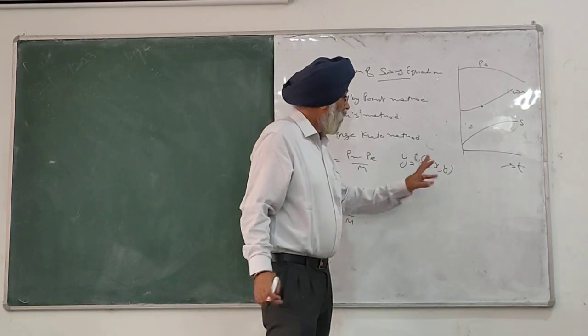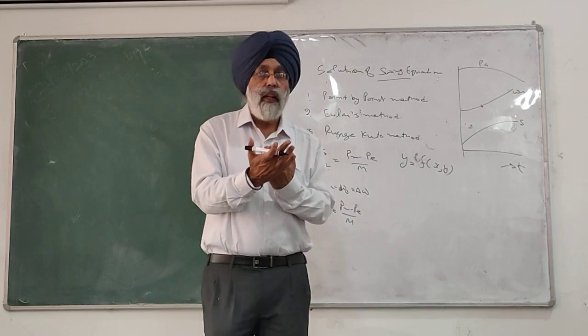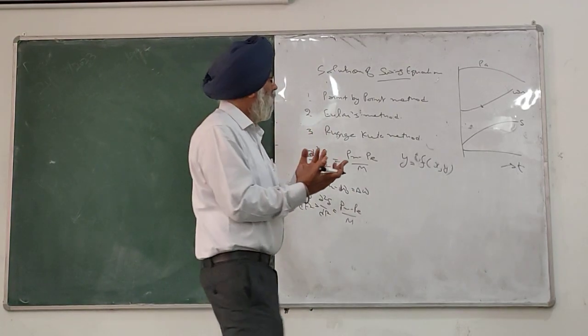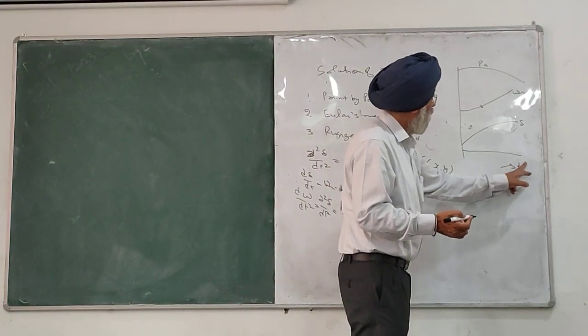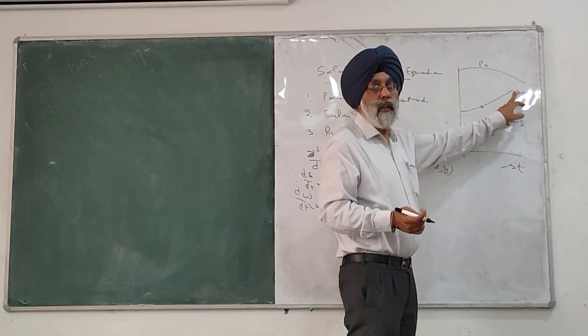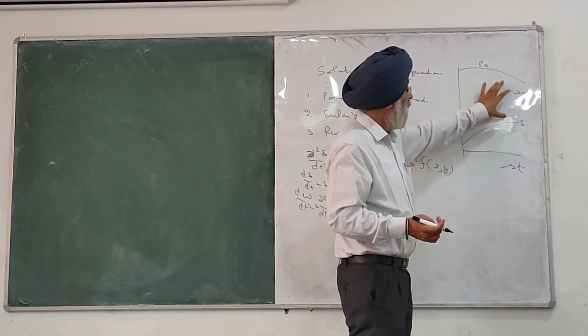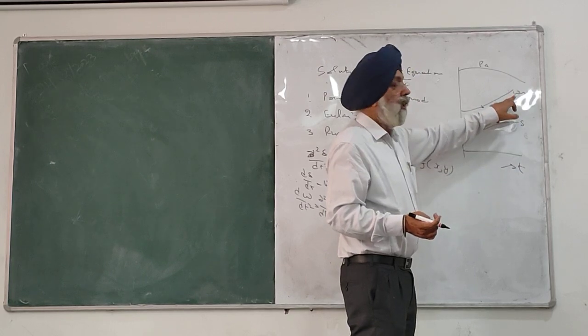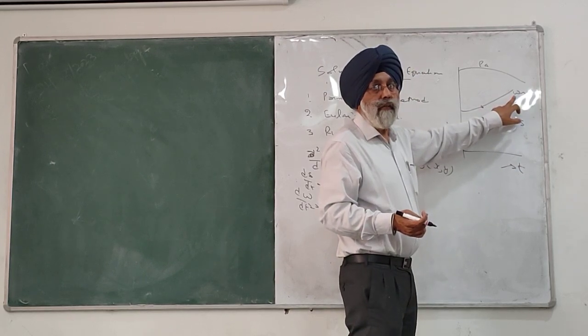So let us suppose here one is the t, other is y. In our case, we have t, here is the delta, and here is the omega. If we are considering them simultaneously, we have three variables: t, delta, and omega.